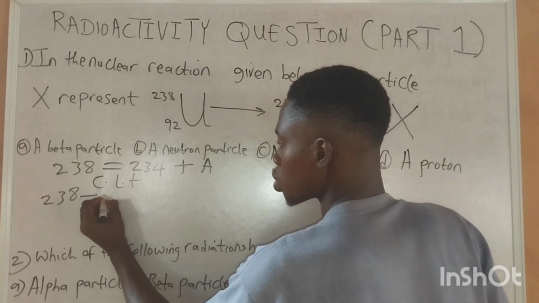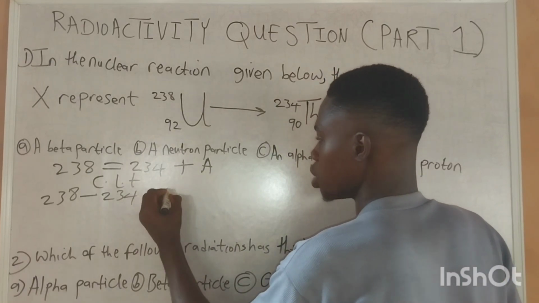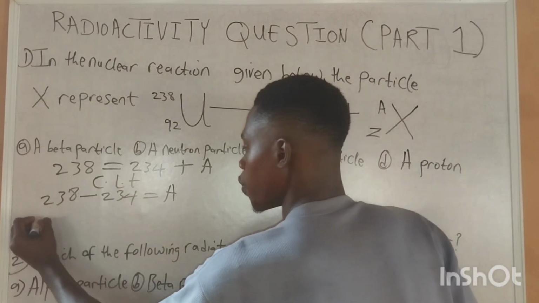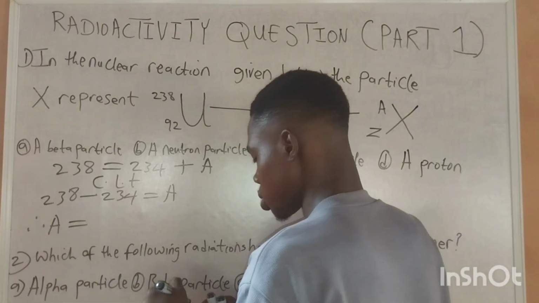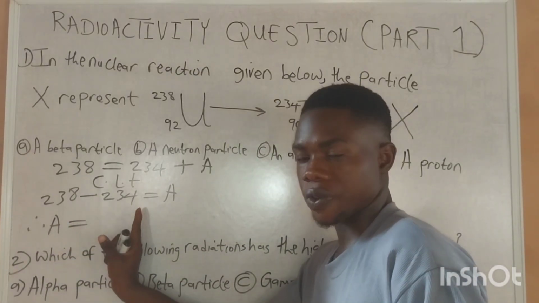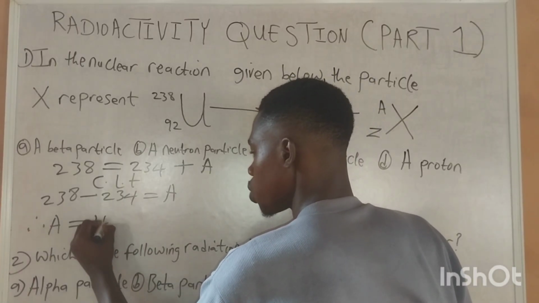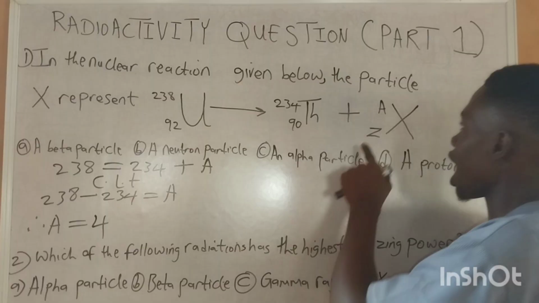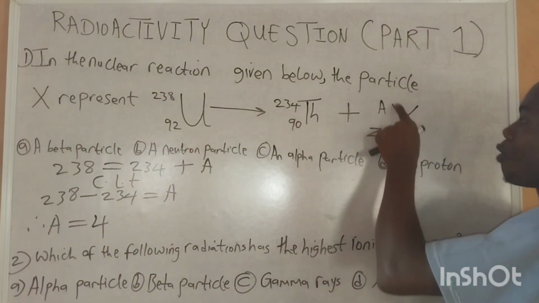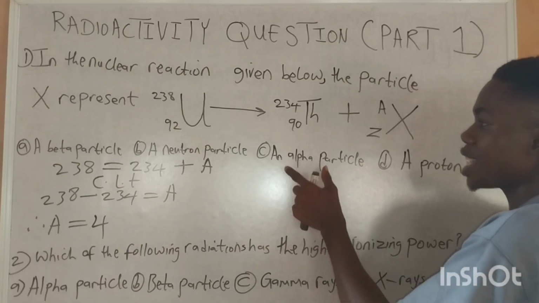Therefore A equals 238 minus 234, which is 4. So the mass number of the particle we have not known is 4.